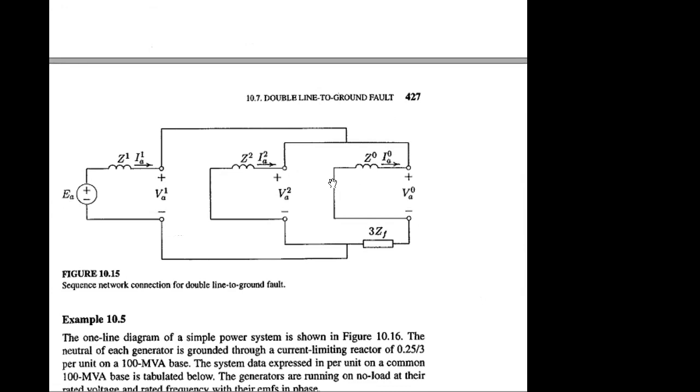Here you can see how they are connected: ZF, Z0, Z2, Z1, three impedances there, but the circuit configuration is for the double line to ground fault. That is not similar to the single line or double line scenario. It is the double line to ground fault equivalent circuit.